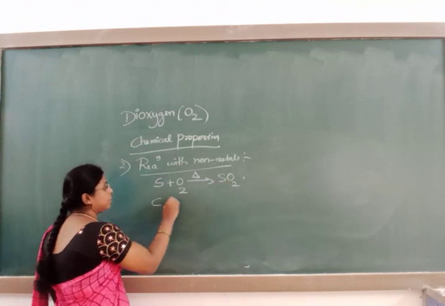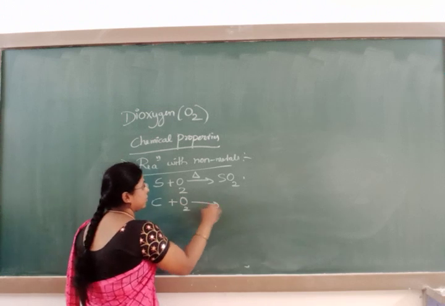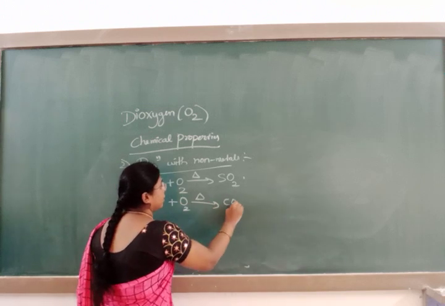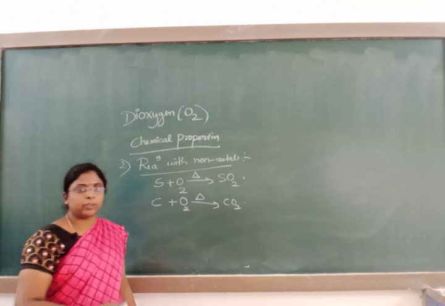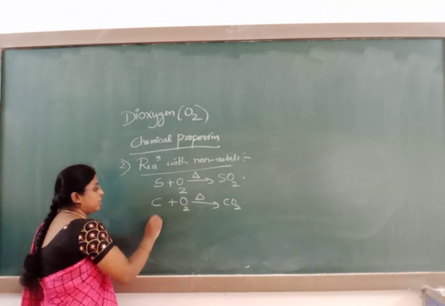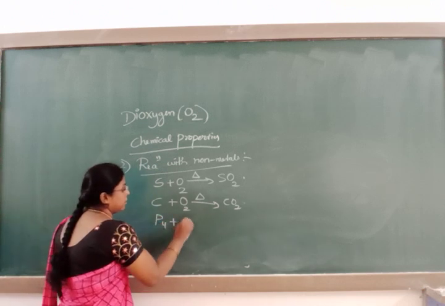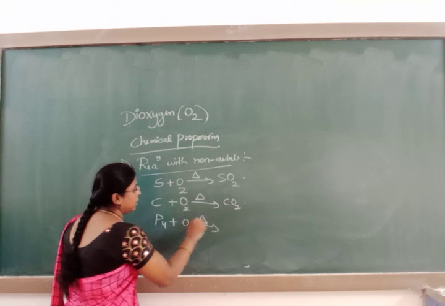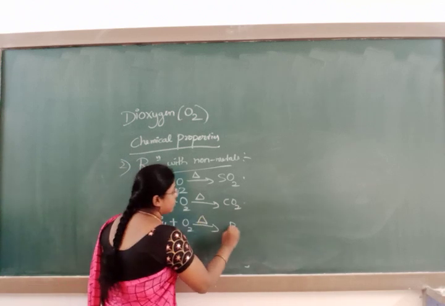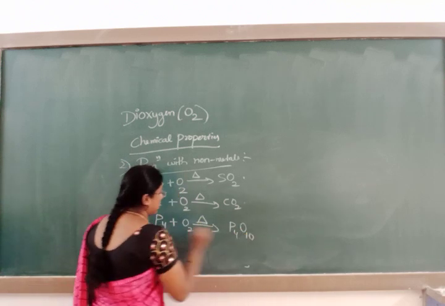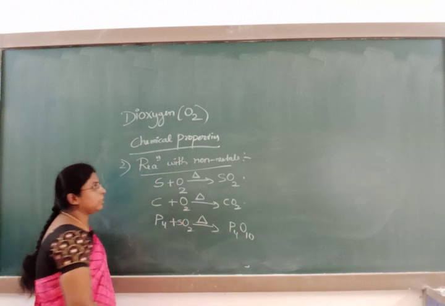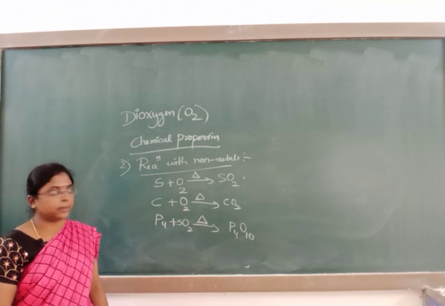Similarly, carbon reacts with oxygen on heating to form carbon dioxide. Phosphorus reacts with oxygen on heating to form P4O10. These are the reactions with nonmetals.